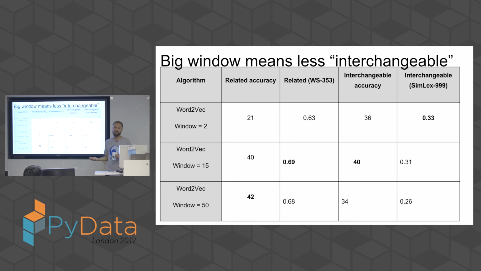So depending on what similarity you want, you have to choose the window appropriately. That's true for word2vec and for fastText. For word rank, it's not so sensitive to this parameter. Word rank just focuses mainly on related. So this is quite a nice thing to play with. Interchangeable, small window; related, big window.